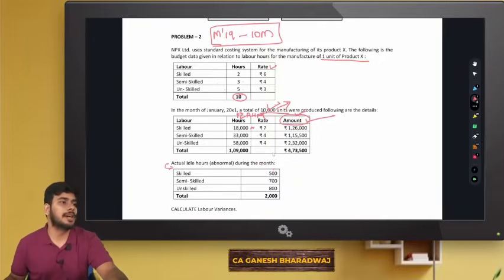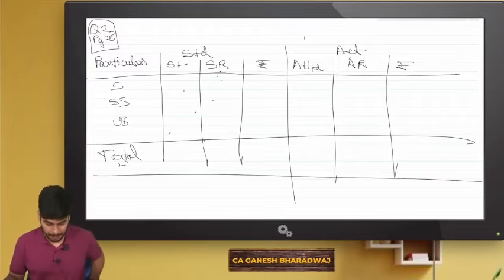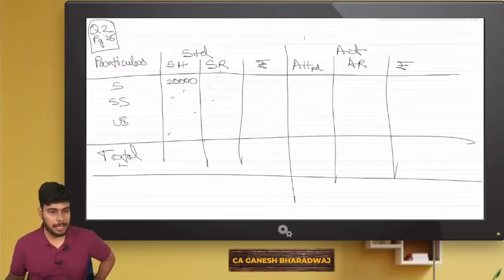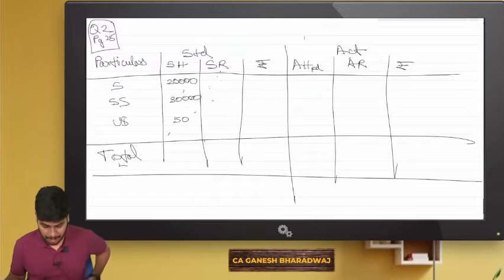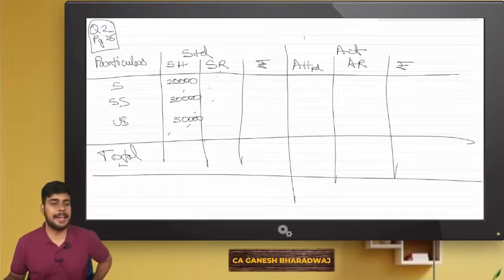Just write it down, guys: 20,000 hours, then 30,000 hours, then 50,000 hours. Then standard rate. How much? Given: 6, 4, 3.